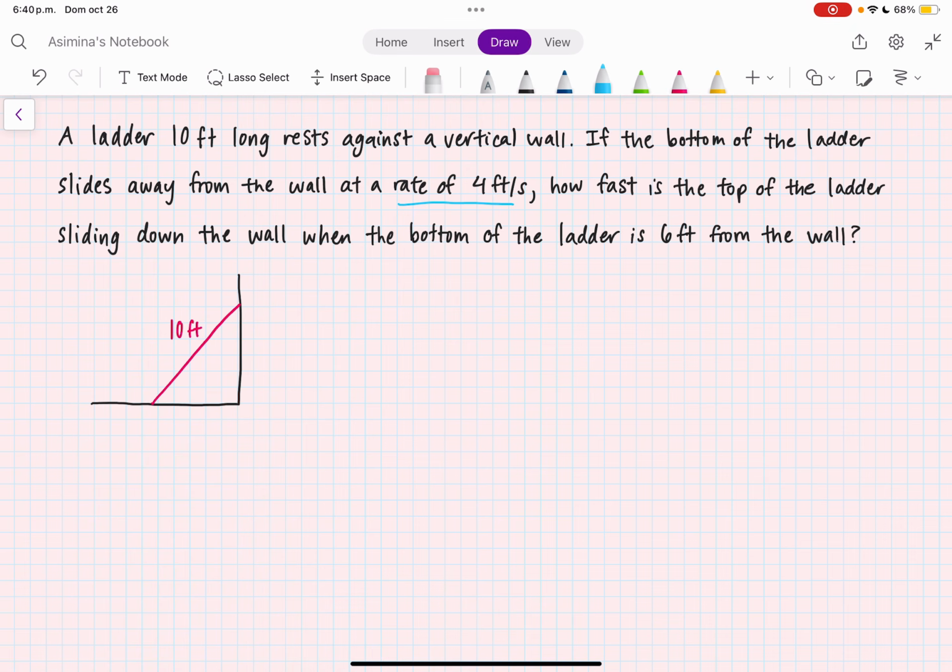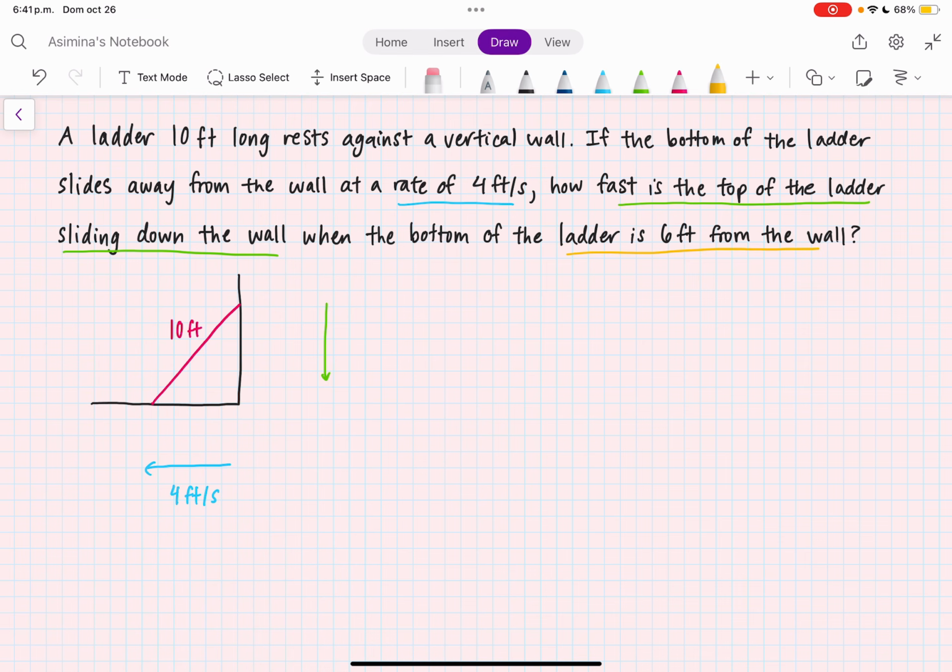And I'm being asked, how fast is the top of the ladder sliding down the wall? So I'm looking for this rate when the bottom of the ladder is 6 feet from the wall.